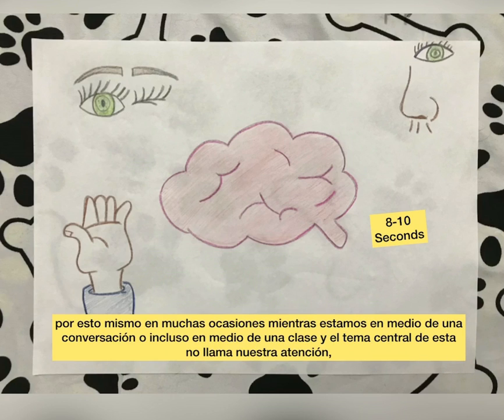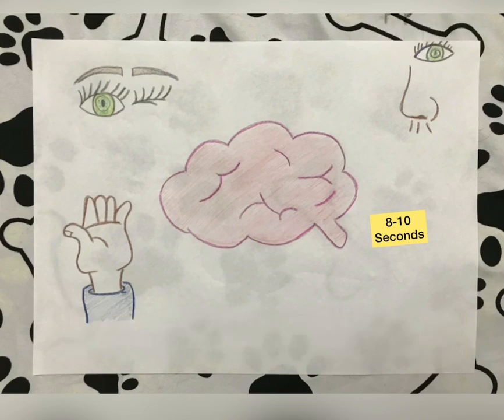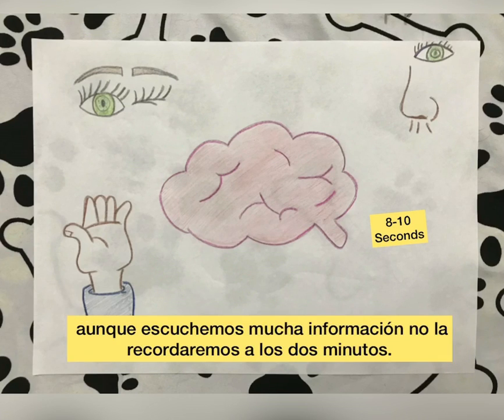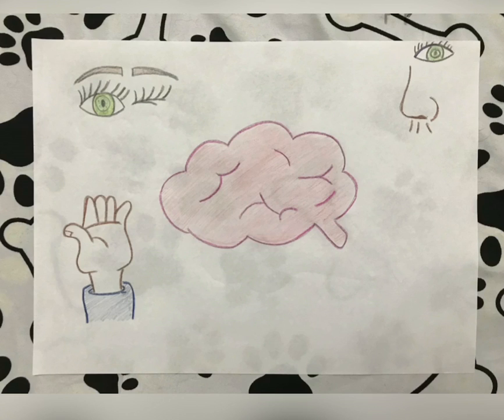For this reason, many times while we are in the middle of a conversation or even in the middle of a class and the central theme of this does not attract our attention, although we hear a lot of information, we will not remember it after 2 minutes.